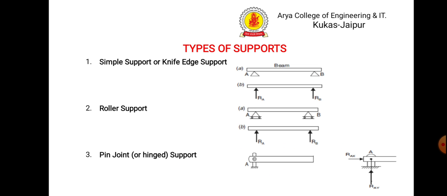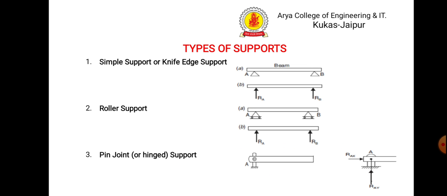Then roller support, shown in figure A of the second figure. Again this also acts upward, so RA and RB. And the third one is the pin joint or hinge support.